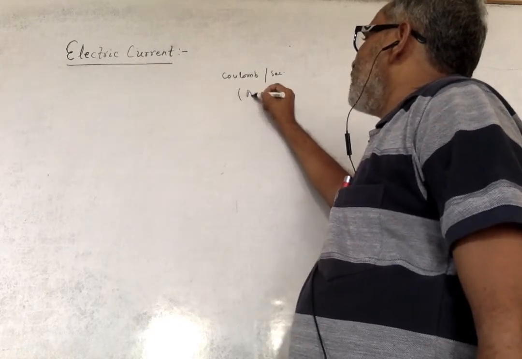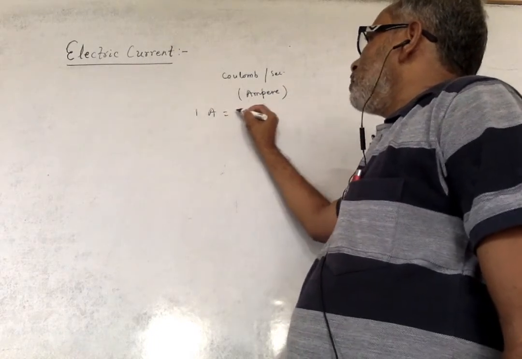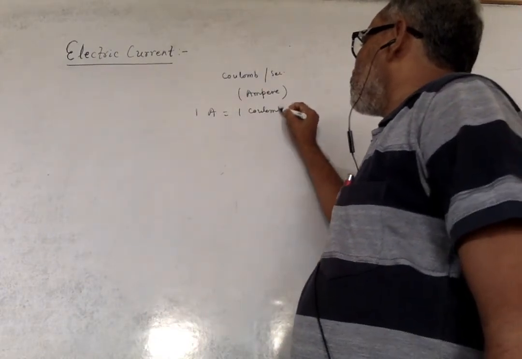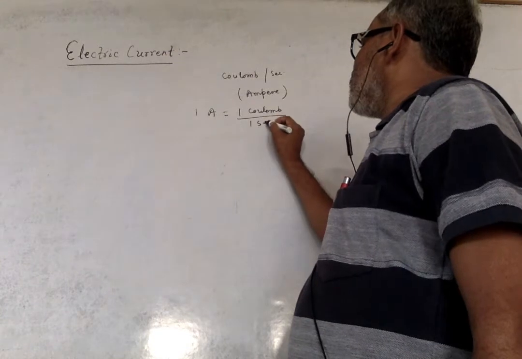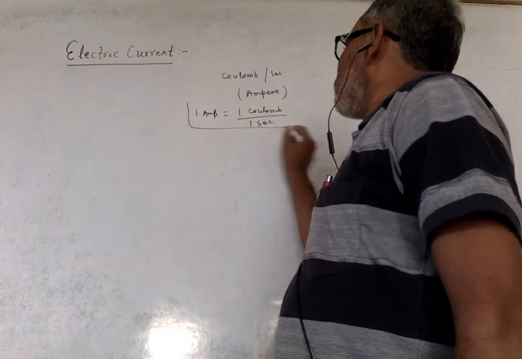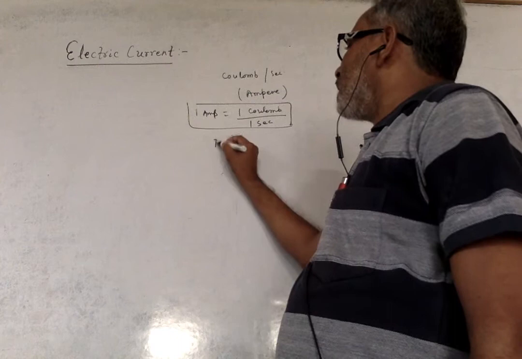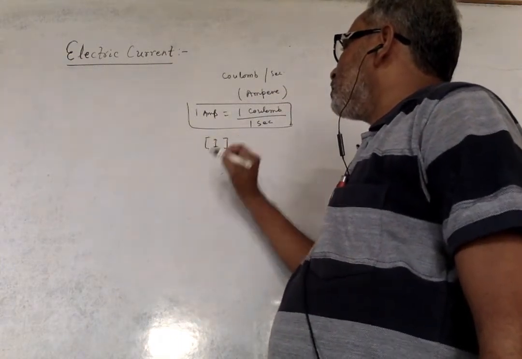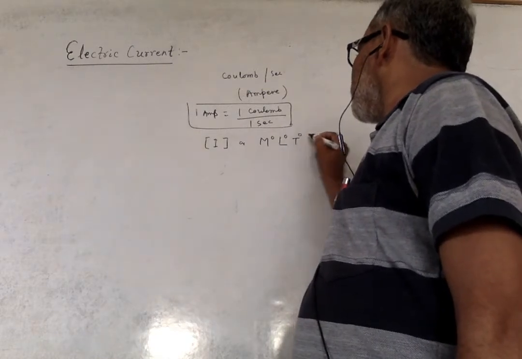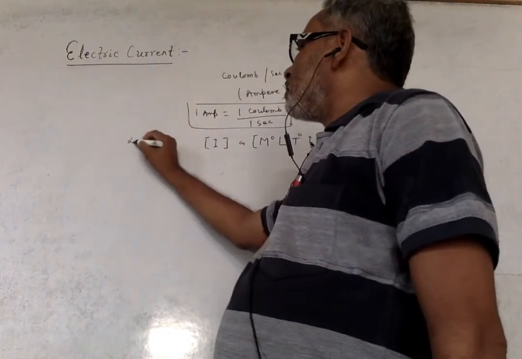That is called ampere. 1 ampere equal to 1 coulomb by 1 second. Its dimension is I, or M0 L0 T0 I.